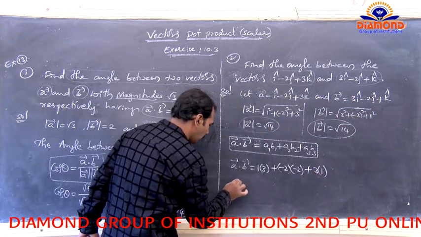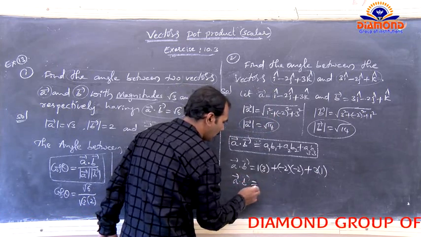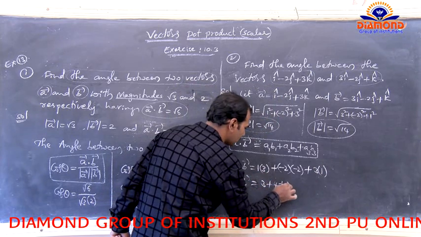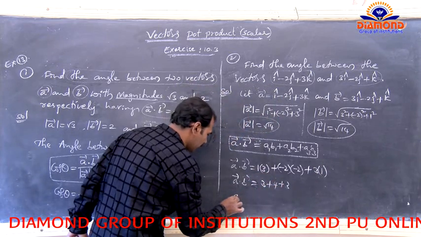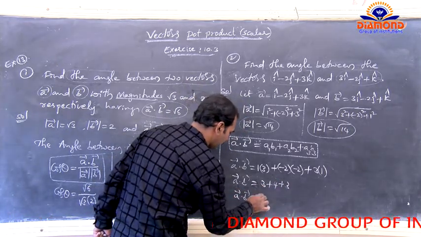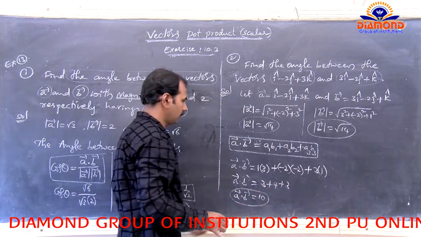So A vector dot B vector equals 3 plus 4 plus 3. Its value is A vector dot B vector equal to 10. So the dot product of the two vectors is 10.